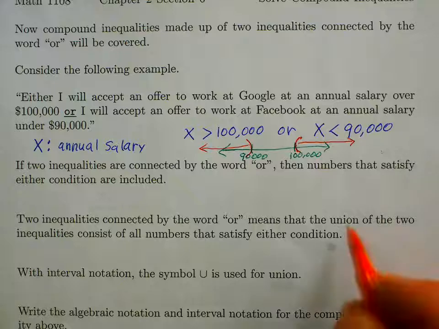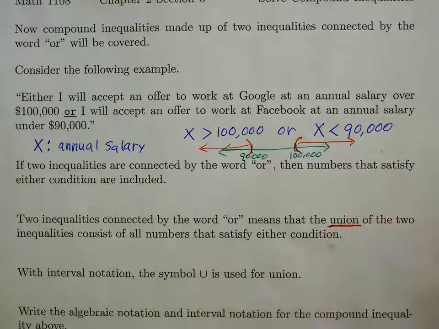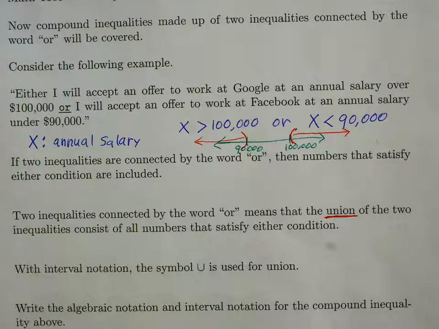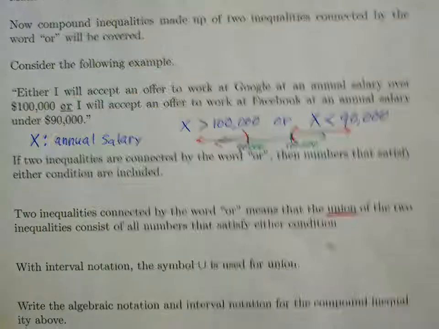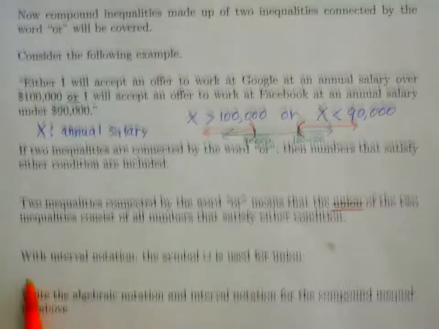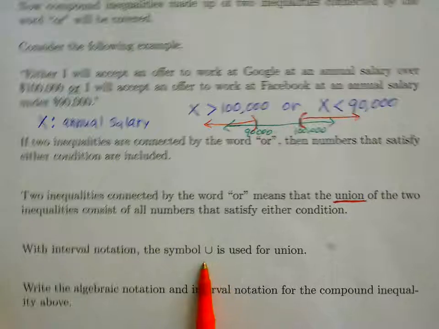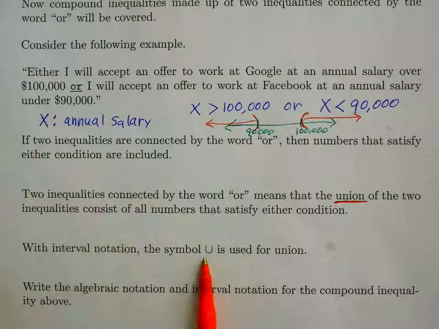The word union implies that we're combining both sets of numbers. With interval notation, the union symbol looks like a U. It's not really a U, but it's a union symbol that we use for the union.